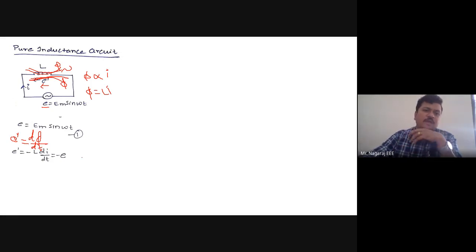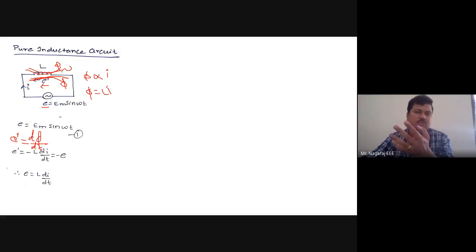Now substitute phi equal to L into I. L is a constant, the self-inductance of the coil, so it will come out, and it will be di by dt. The minus sign is due to Lenz law, as it is opposing. So induced EMF E dash is equal to minus L di by dt, which is equal to minus E. Because there is no other element in the circuit, whatever EMF is induced in the coil is exactly equal to the supply voltage. So I can write E equal to L di by dt.